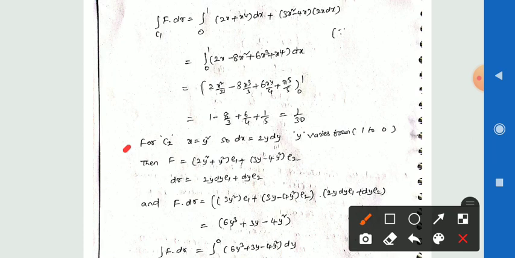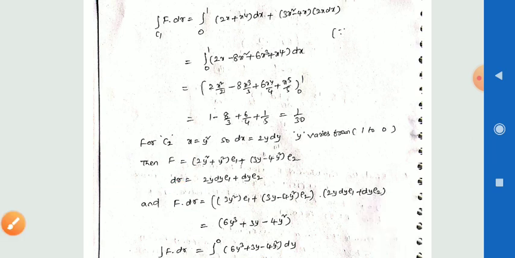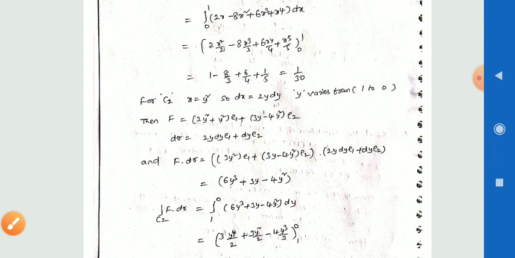Here dr is equal to 2y dy e1 plus dy e2. By taking the dot product of f and dr, we get (3y square e1 plus (3y minus 4y square) e2) dot (2y dy e1 plus dy e2), which gives 6y cube plus 3y minus 4y square.